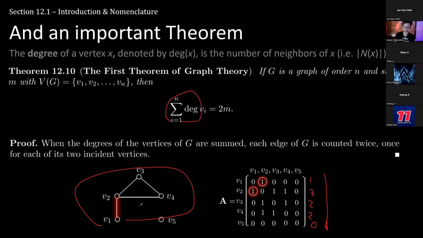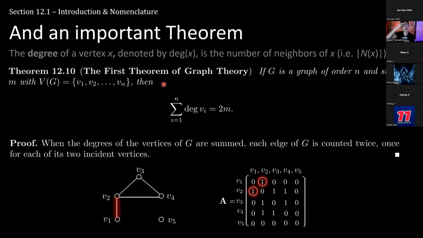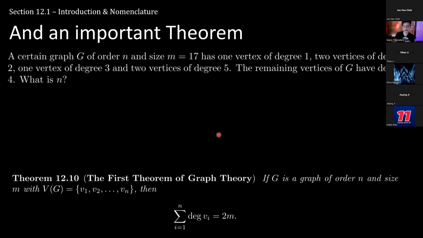But every time I added an edge, I added 2 ones. So I contributed 1 here and 1 here. So it's pretty intuitive stuff. It might take a little bit to see how this is important. We're going to have some proofs, but you can definitely use it readily to solve equations.